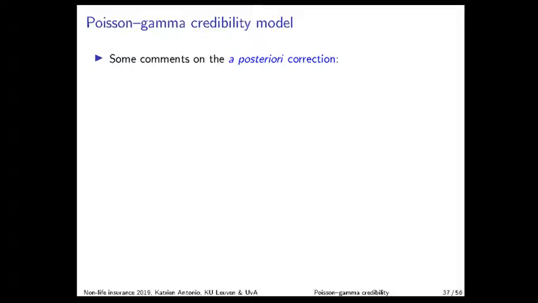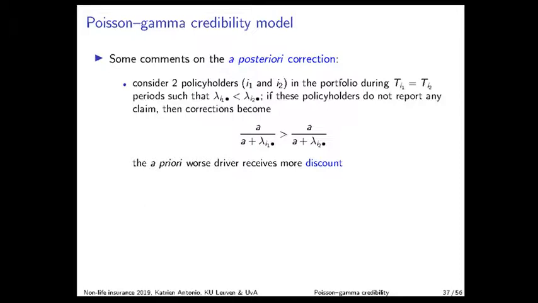Having an explicit expression for the a posteriori corrections available, we are now capable to add some reflections. Let us first consider two policyholders, say i1 and i2, who are followed during the same number of time periods in such a way that lambda_i1, the a priori premium for policyholder i1, is smaller than lambda_i2.